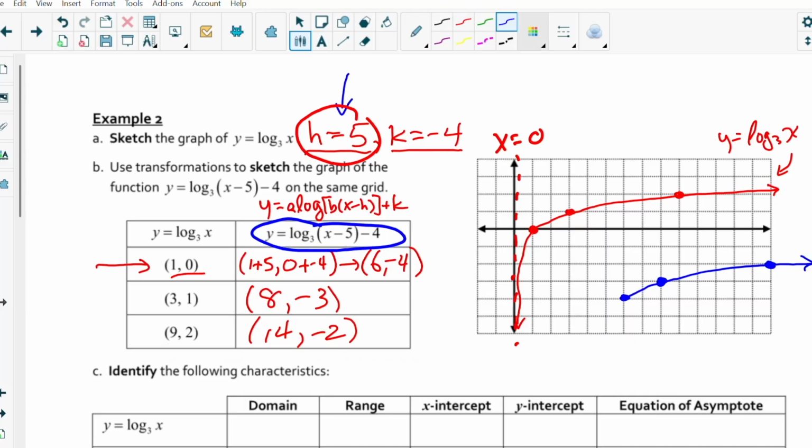Where's that vertical asymptote going to go? 1, 2, 3, 4, 5, right there. So be careful when you're sketching your graph. Accuracy matters here. This is y equals log base 3 of (x minus 5) minus 4.